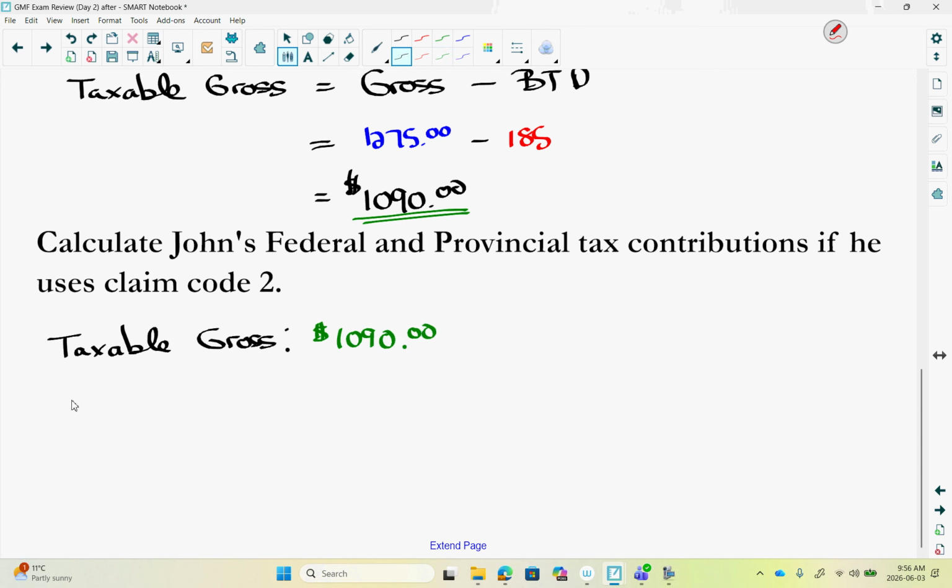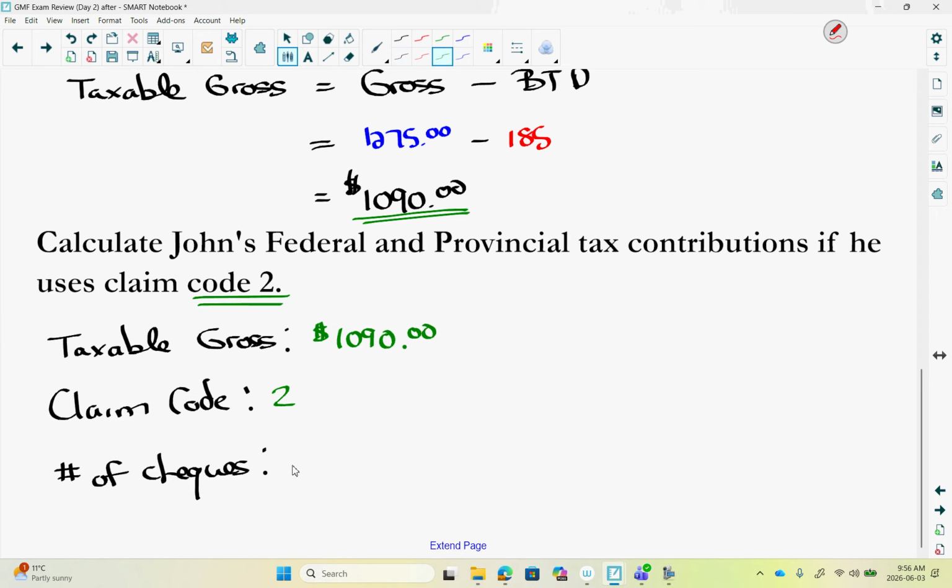I need to know the claim code. We can see that right here. It's claim code 2. And I need to know the number of checks or the frequency of checks. How often John gets paid. What was that? It's weekly.